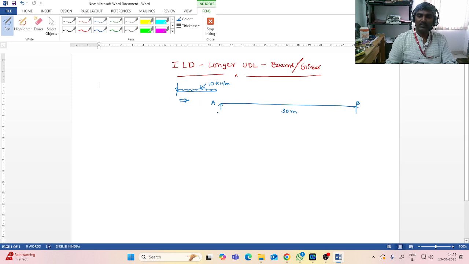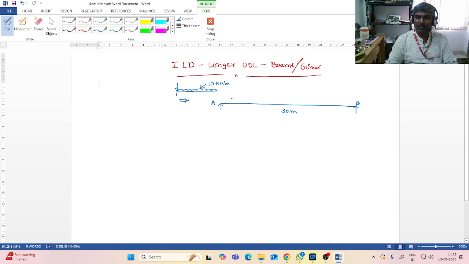My interest is to find the reaction at A and reaction at B using the ILD concept. While the UDL is traveling on this span, it is going to cross this span, as the span of the load is more than 30 meters.